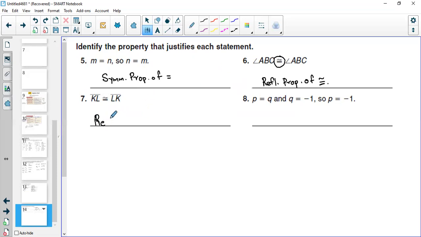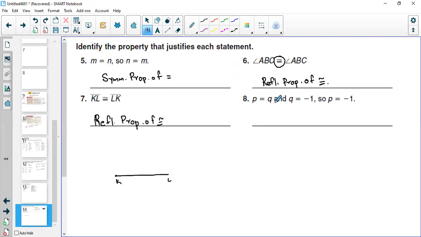So this is again the reflexive property of congruence. So do not worry if the letters are changed. If there's a line segment, KL and LK means the same line they're talking about.